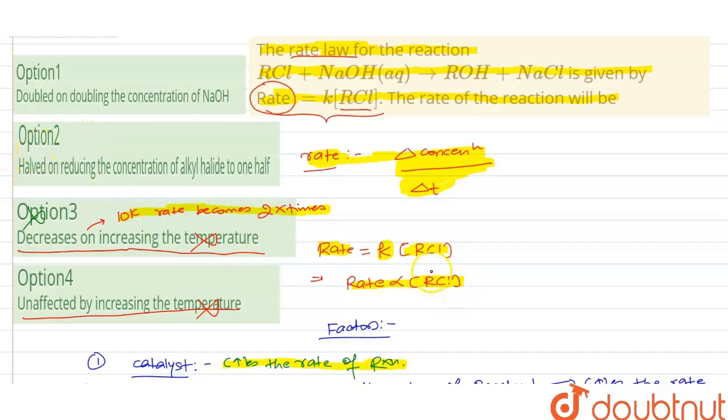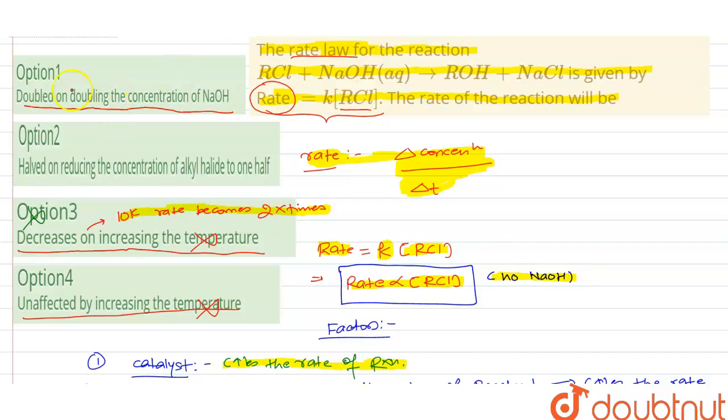Now here what we see is that option first tells that the rate becomes doubled on doubling the concentration of NaOH. But in the rate law expression which is given, there is no discussion of NaOH in the rate law.